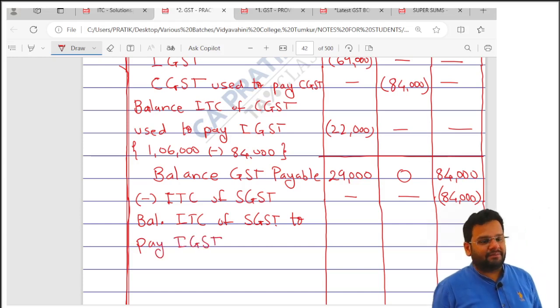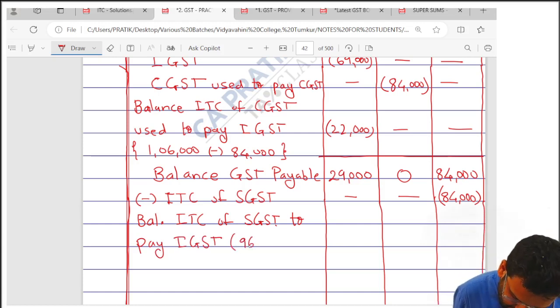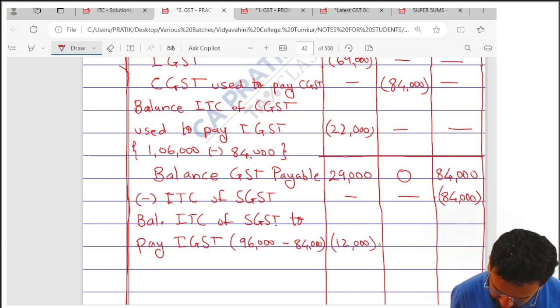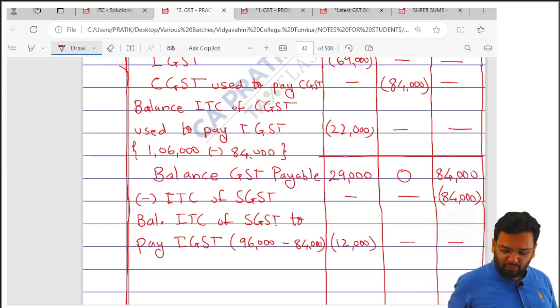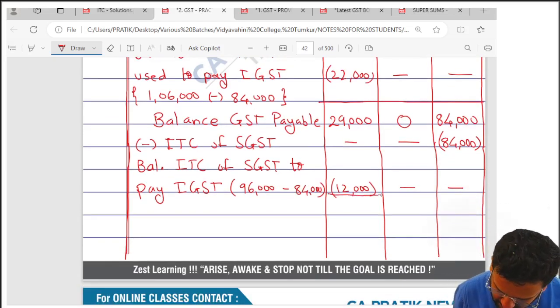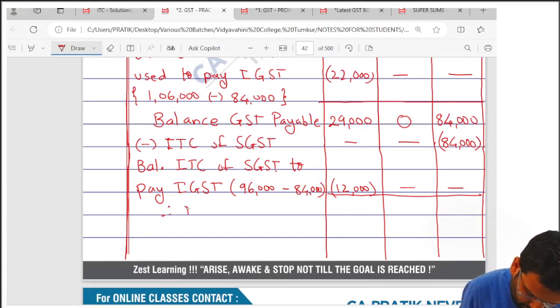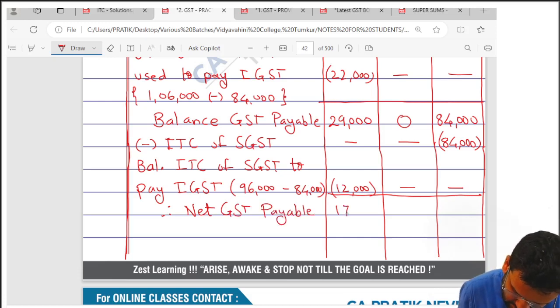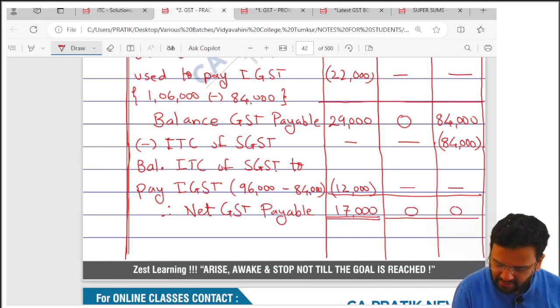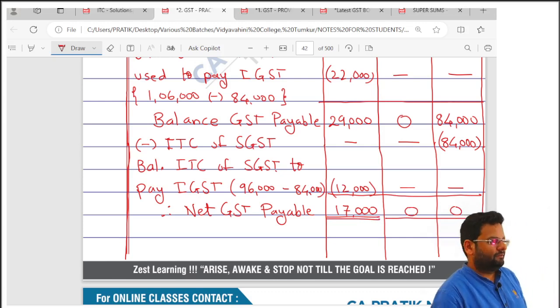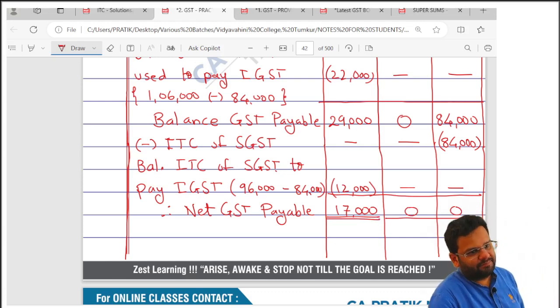So what is balance? 96,000 minus 84,000, that is 12,000. So now can you tell me what is net GST payable? 17,000 with respect to IGST. So simple it is.